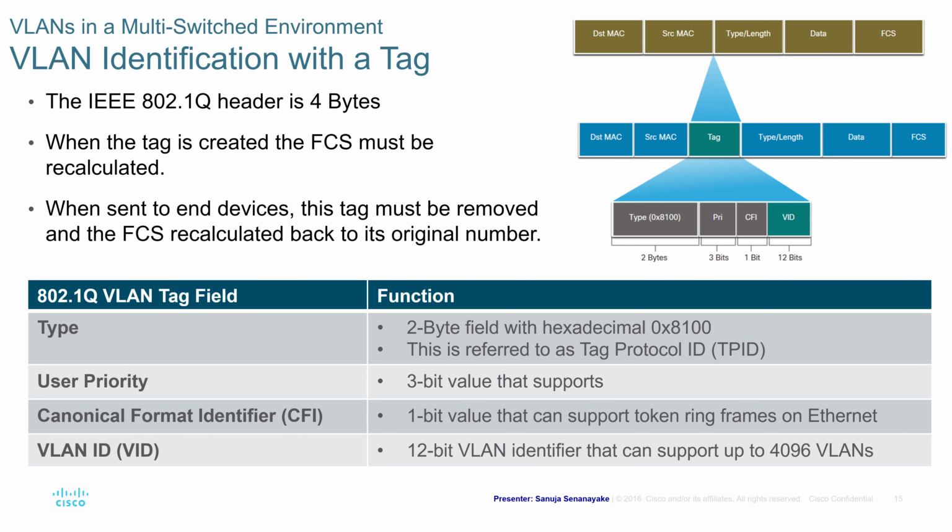The user priority is a 3-bit value that supports assigning user priority. The CFI is a 1-bit value that can support Token Ring frames on Ethernet, while the VLAN ID is a 12-bit value, a VLAN identifier that can support up to 4096 VLANs.